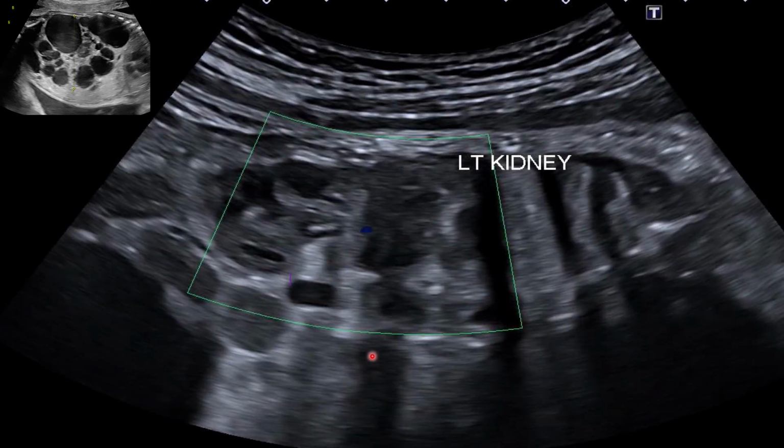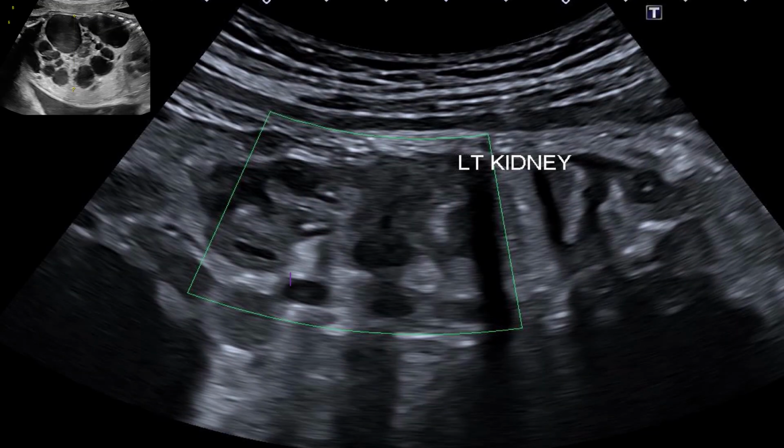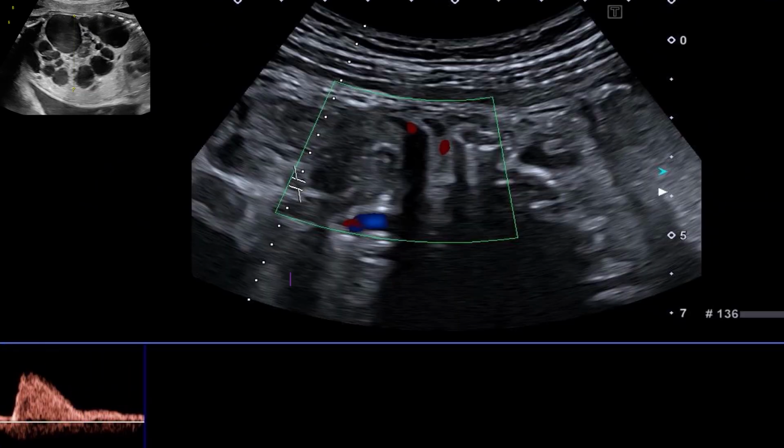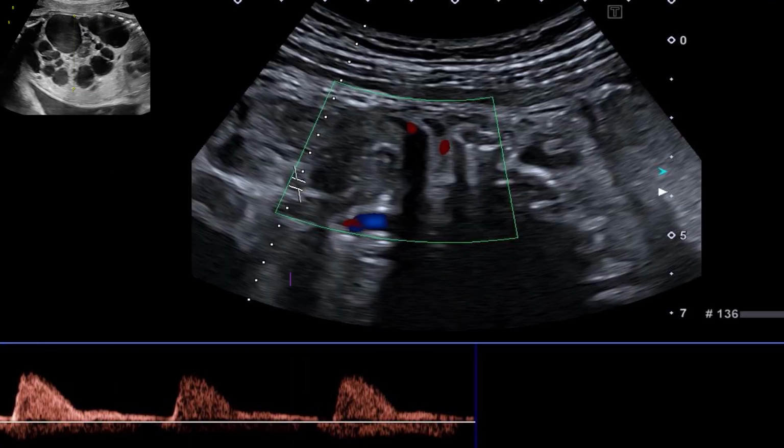We can actually see the flow of blood there. You can see the flow of blood in the renal artery, and we can actually measure the waveforms there. You can see the peak systolic velocity, and then we have the end diastole there. The waveforms are very visible, and you can actually see resistance even in utero.